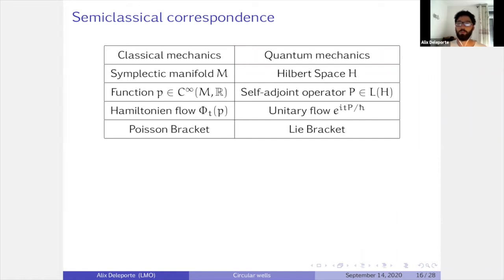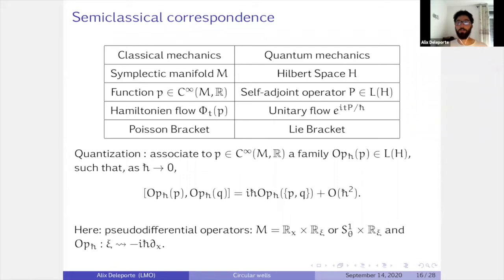The commutator between the flows on the left is given by the Poisson bracket, and on the right, if you try to commute two small quantum evolutions, you're going to retrieve the commutator, the Lie bracket of the operators.